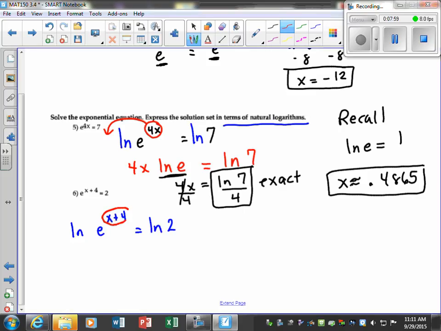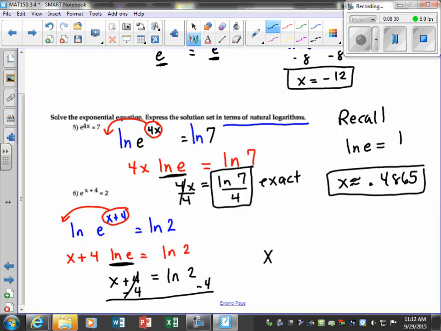We can use our power rule, which then gives us x plus 4 times the natural log of e. Once again, what happens here? That goes to 1, so I'm just left with 1 times x plus 4, which is just x plus 4. And we're solving for x, so subtract 4 from both sides.